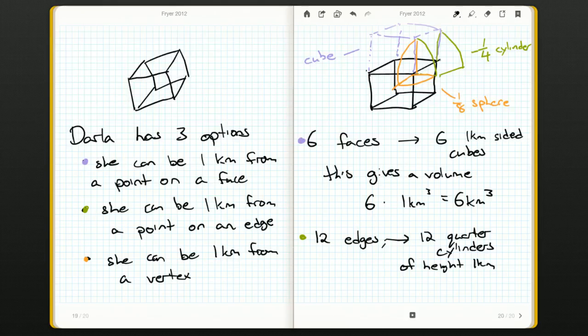Right? So imagine this guy's sort of on his side. A better one might be this one right here from this edge.